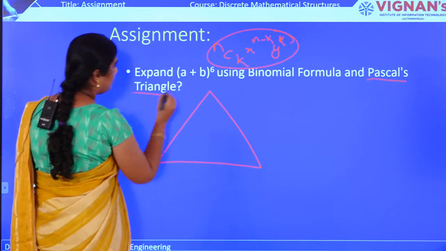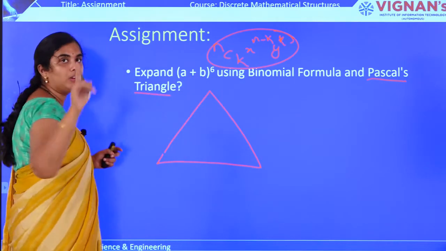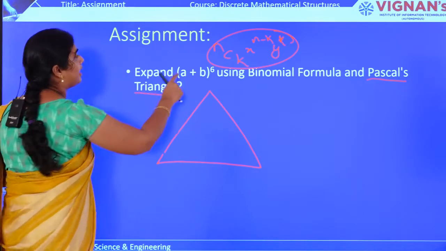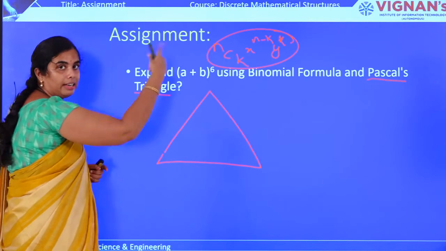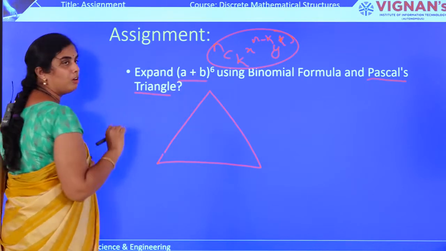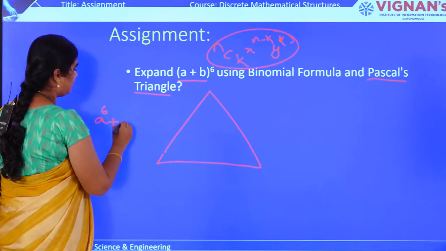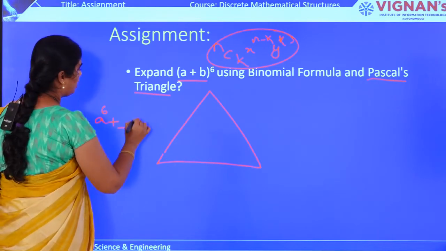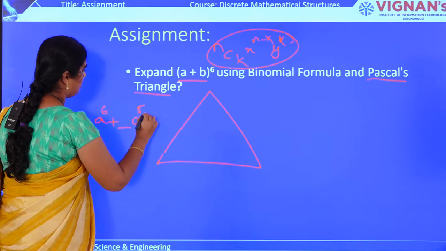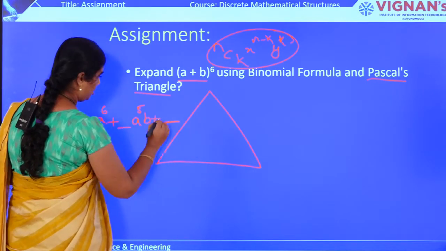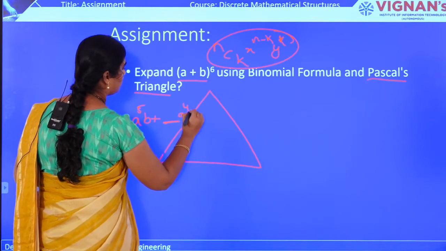As here you see a plus b whole power 6, you only find the binomial coefficients, but I will say how the powers of a and b can be raised. A plus b whole power 6 is given. So, the first term will be a power 6. Next, this is for the coefficient. Next term will be a power 5 b. Next, this is for the coefficient, a power 4 b square.